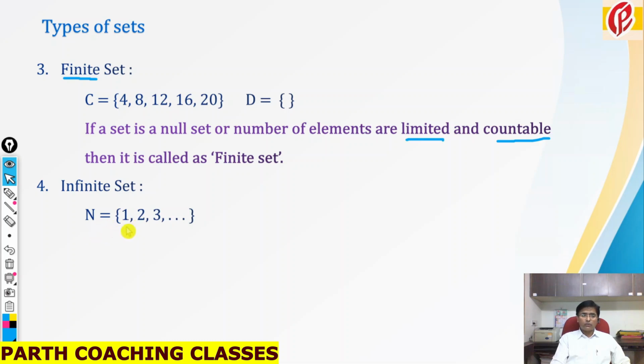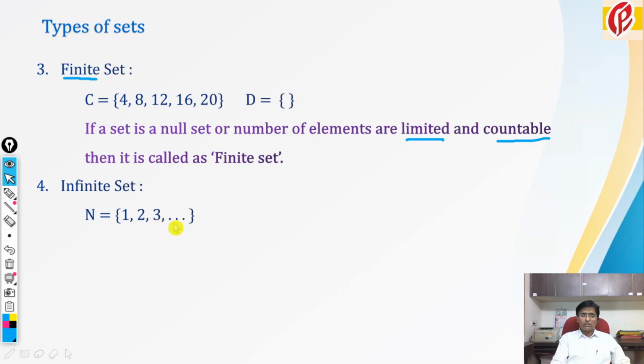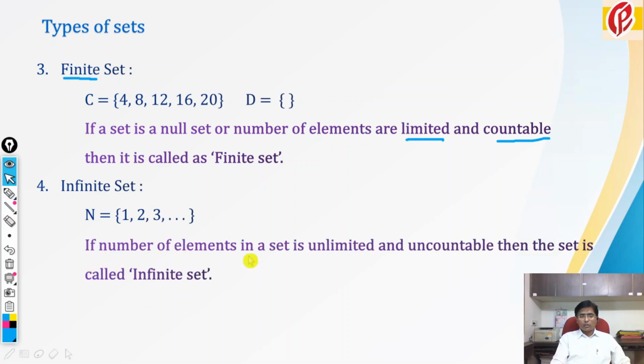N is equal to, which are the elements? {1, 2, 3, ...} and these dots indicate infinity. There are unlimited and uncountable elements. This dot indicates unlimited elements. So this is an infinite set. If the number of elements in a set is unlimited and uncountable, then the set is called an infinite set.